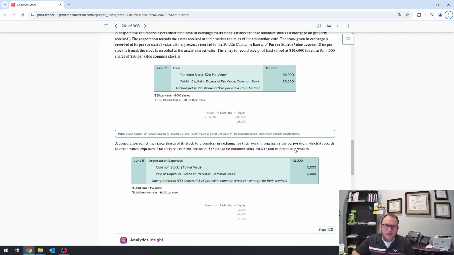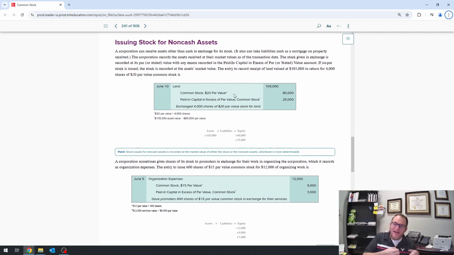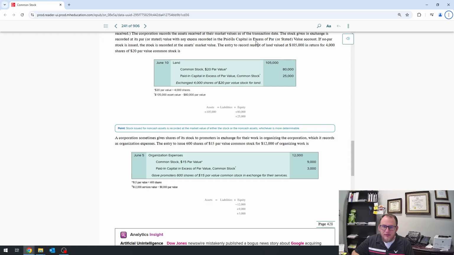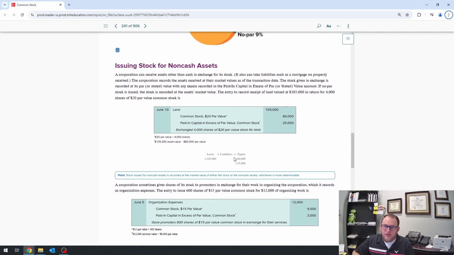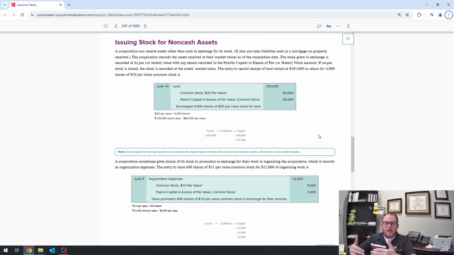So here we're receiving an asset in exchange for our stock, and here we are incurring an expense and we're paying it with our stock. So you can see here that what we're crediting is going to be the same across the board. Across all of these entries, it's always going to be the common stock account with the par value, with the exception of the no par stock.